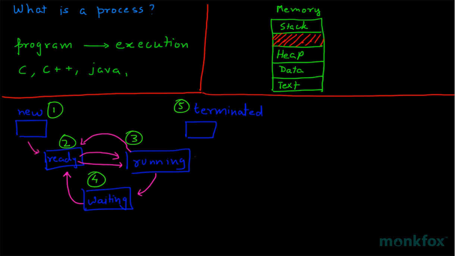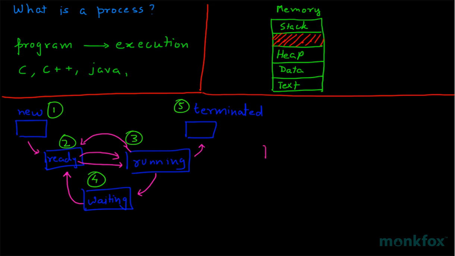This one is very important, as in interviews they ask a lot about the difference between various states of a process. Another thing you should remember is that whenever a process is running inside the CPU and the CPU has a high priority task, the CPU has to remove whatever it is doing currently.